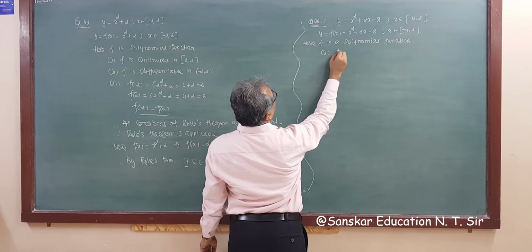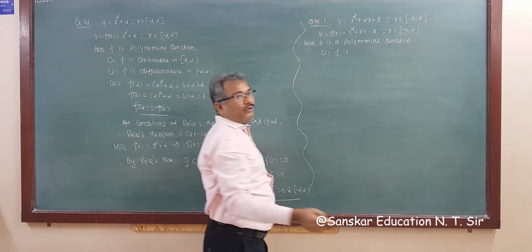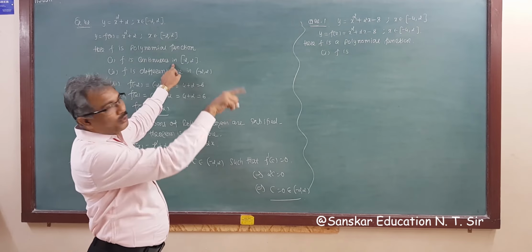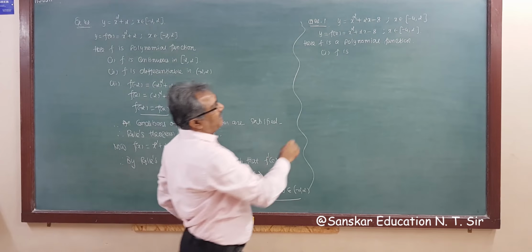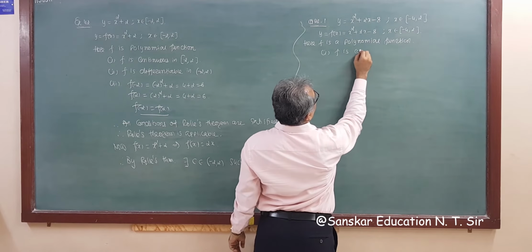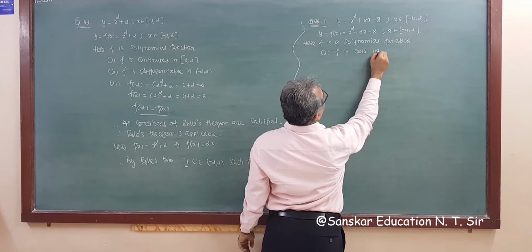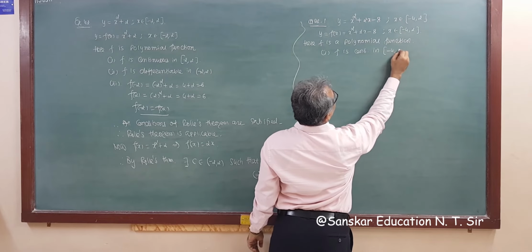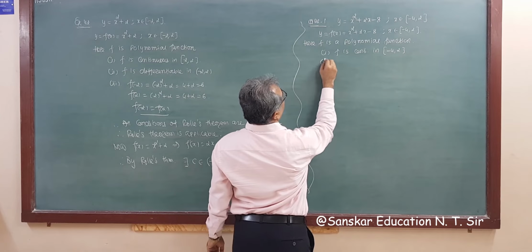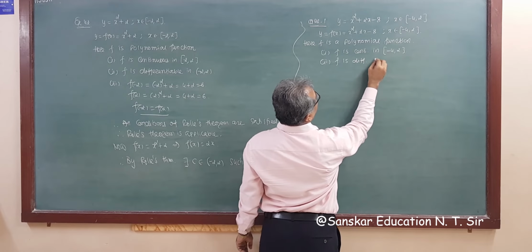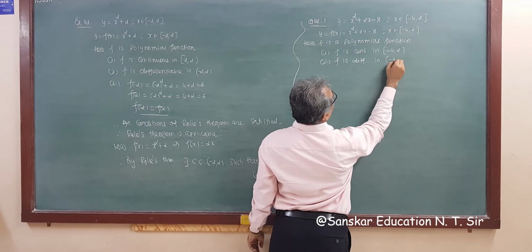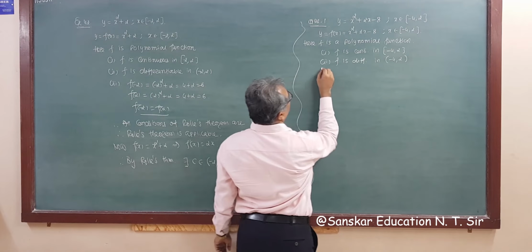Therefore, number 1, f is continuous in the closed interval, and f is differentiable in the open interval. So I am writing directly: f is continuous in the closed interval minus 4 comma 2, and f is differentiable in the open interval minus 4 comma 2.